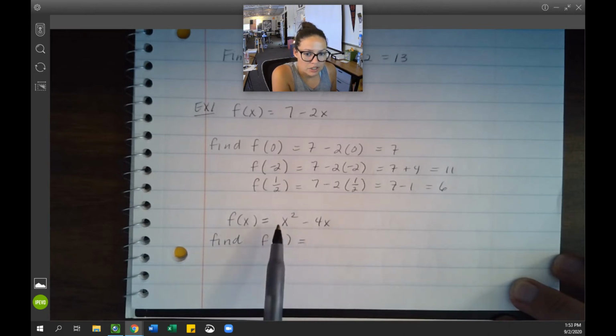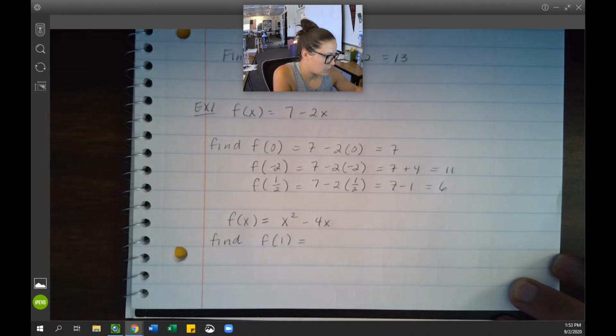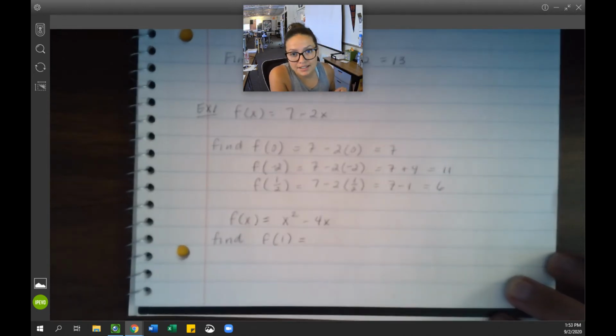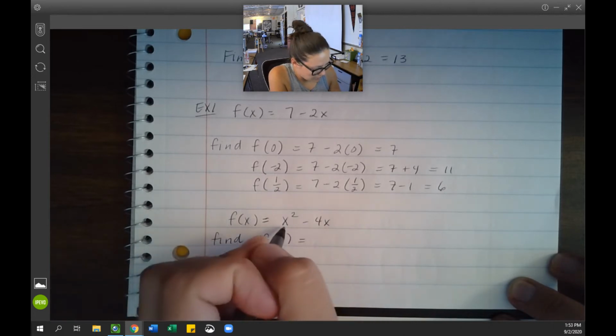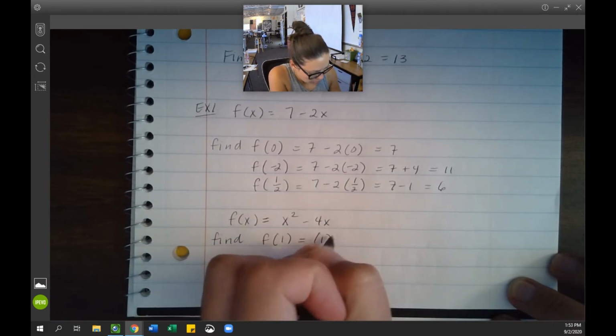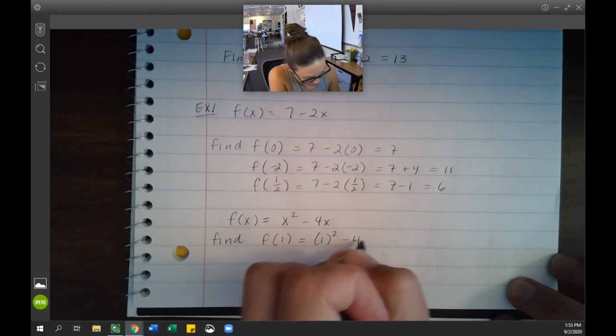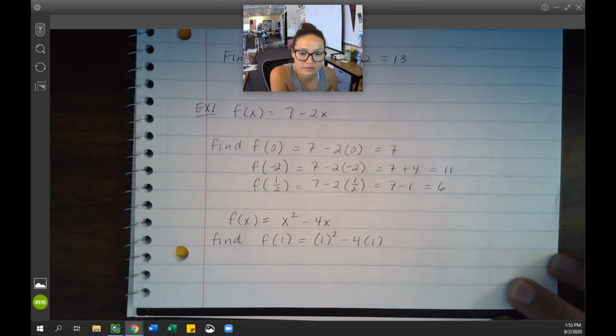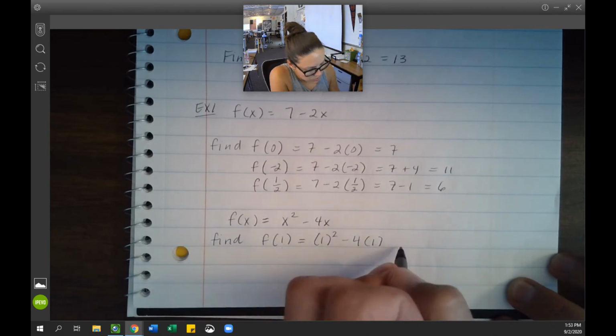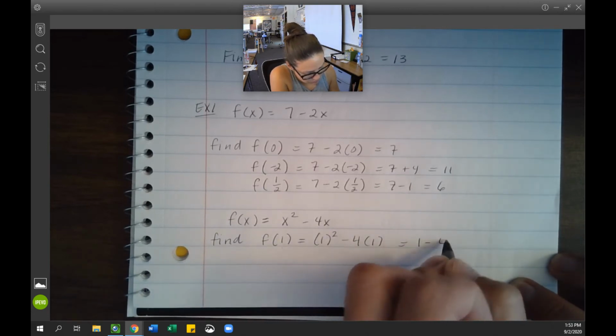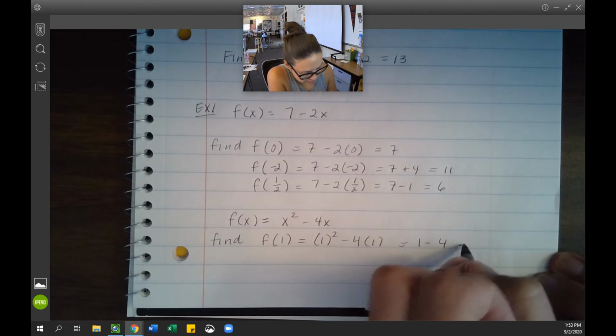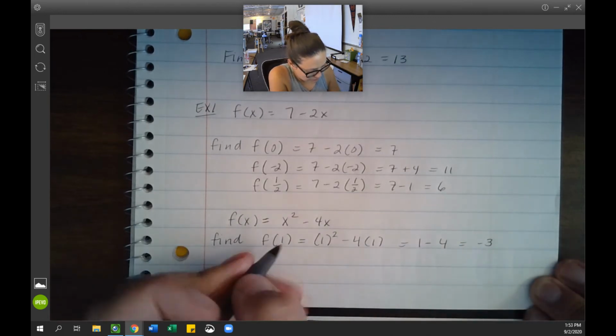But look at this equation. X shows up in 2 places. But guess what that means? Both x's are going to become 1. So instead of x squared, I now have 1 squared. Instead of 4x, I have 4 times 1. Now let's follow PEMDAS. 1 squared is 1. 4 times 1 is 4. And 1 minus 4 is negative 3.